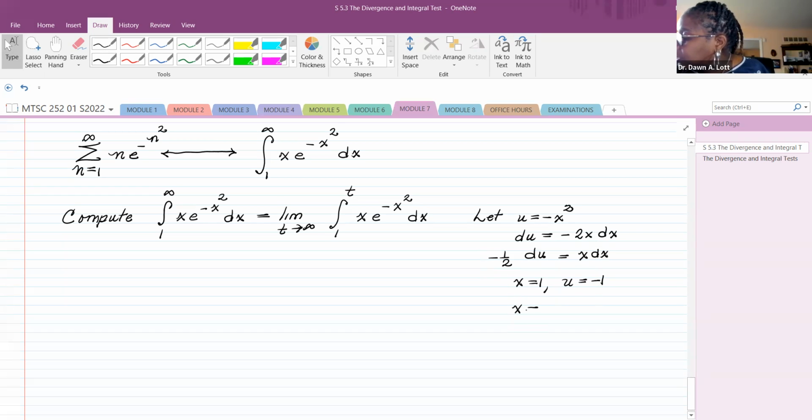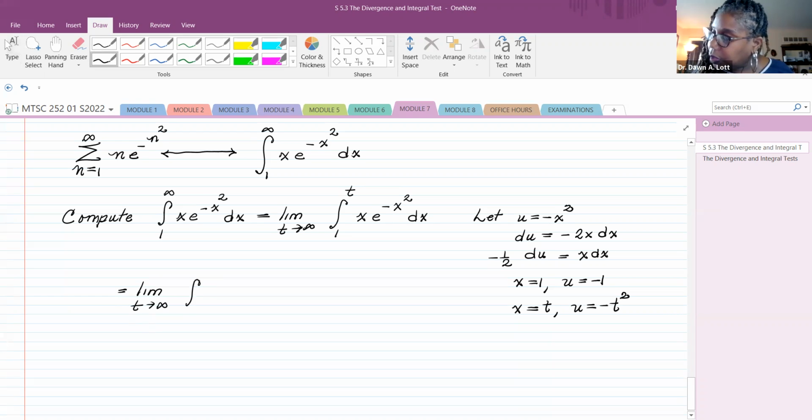And when x is equal to t, u is going to be negative t squared. All righty, good to go. So this is now the limit as t approaches infinity of the integral from negative 1 to negative t squared of e to the u and x dx.